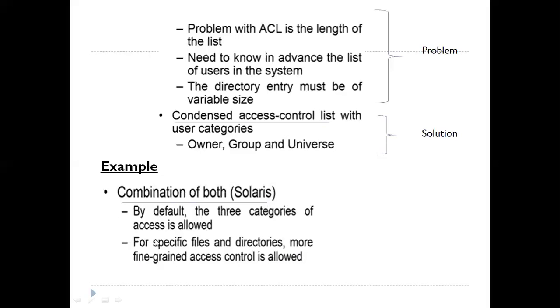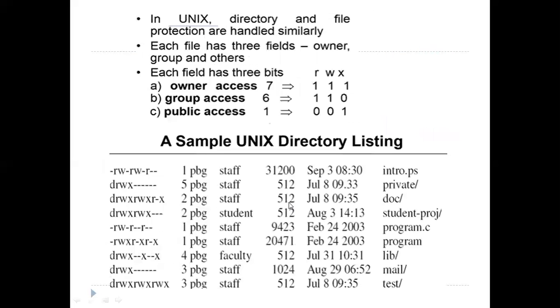So in this, what happens? A combination of both access control list and condensed control list is used. Means you also have people being grouped, and you also have a specific file, let's say that's very crucial or very critical, which is not to be shared. In that case, you have an ACL for that file also, that file or a directory. Okay, so it combines both of them in case of Solaris.